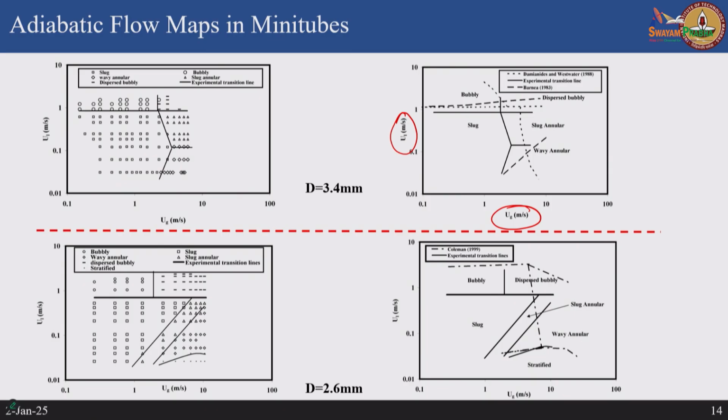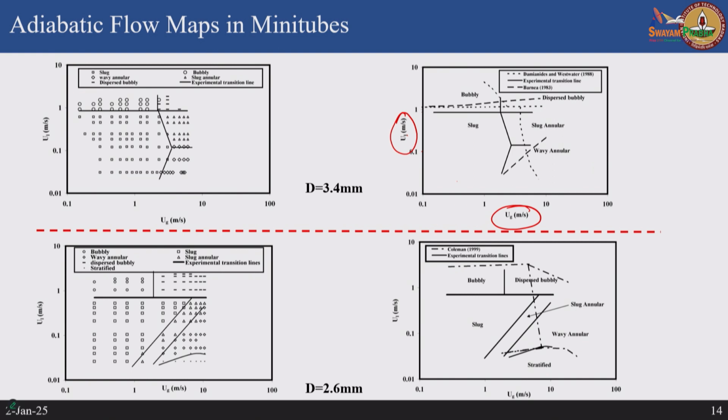Now what these maps tell you is, if I keep the liquid velocity fixed at, let us say, around 1 millimeter per second, and then I vary the vapor or air velocity from a very small value of 0.1 meters per second to a large value of up to 100 meters per second, what happens to the flow regimes?